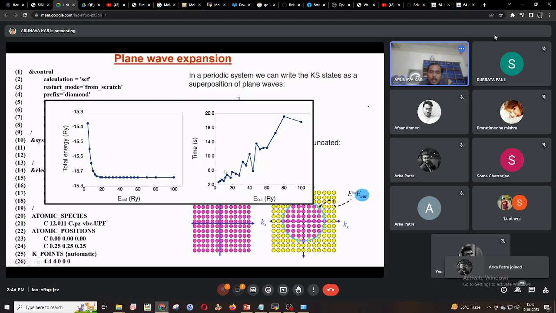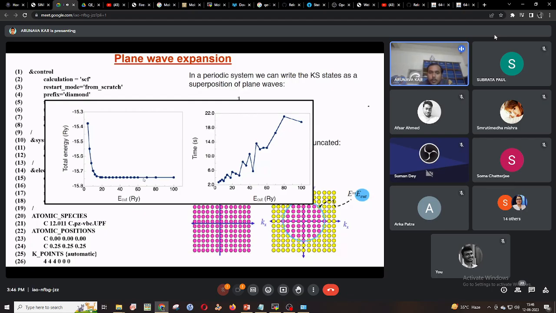So it's not a good idea to use ecut equal to 100, as it will take a lot of time, where someone else using ecut equal to 30 takes less time, but the results are the same. So you need to optimize which ecut value is appropriate for your calculation.